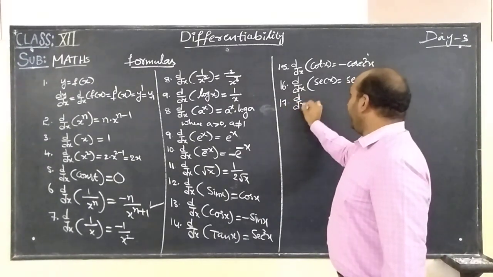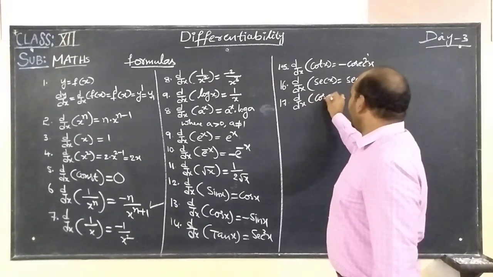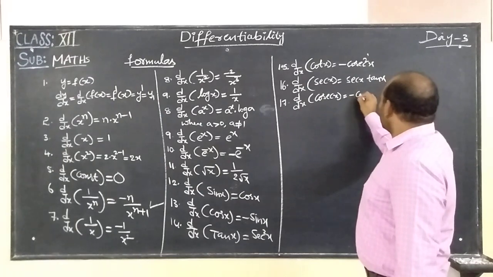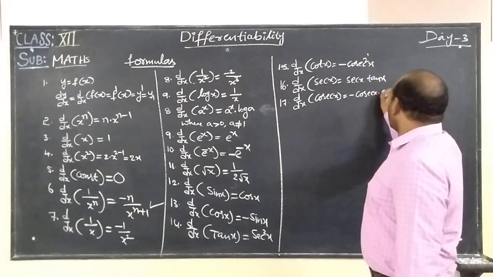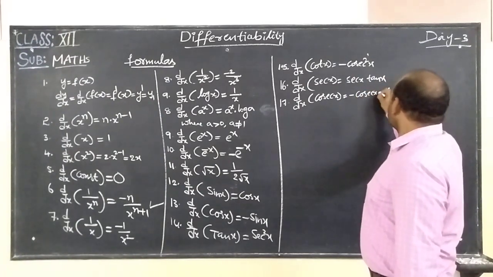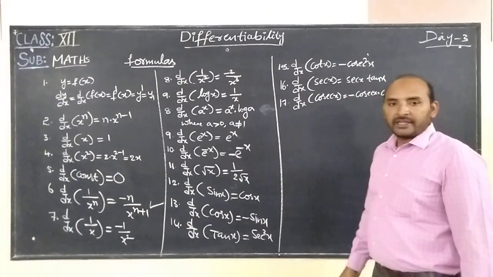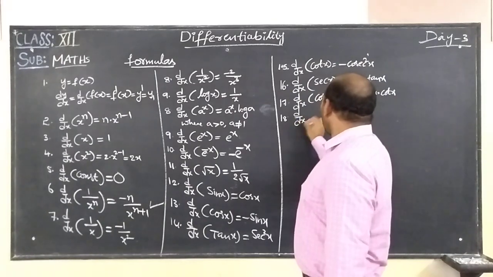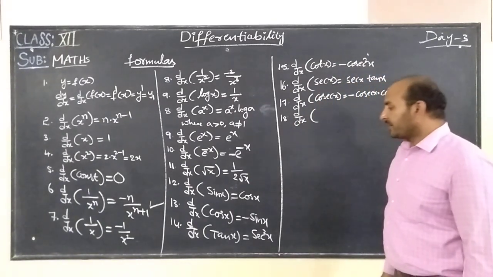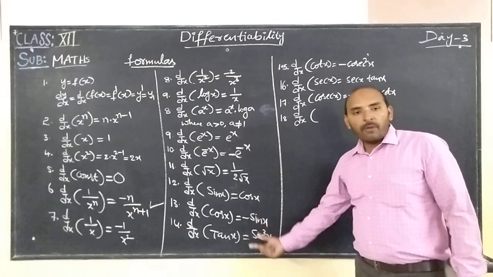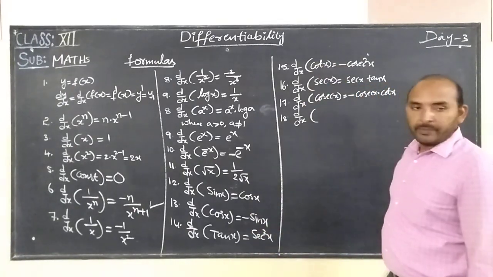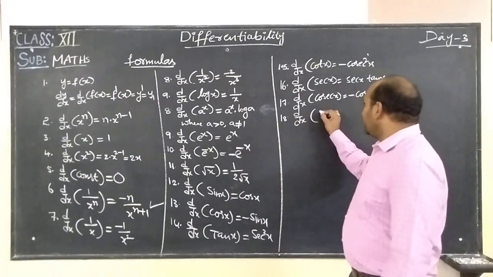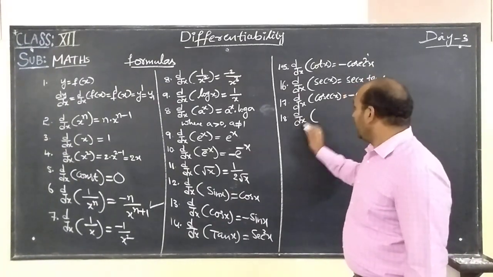Next, d by dx of cosecant x, which is equal to minus cosecant x into cot x. So now the 6 trigonometric ratios are completed, and now the inverse trigonometric functions, that is, the derivative with respect to x.